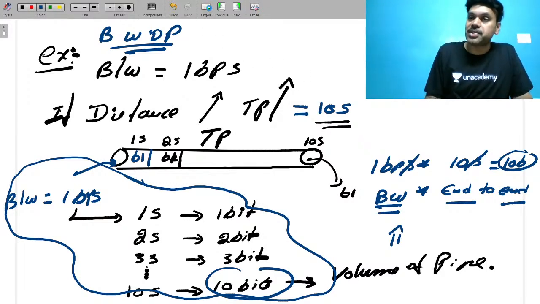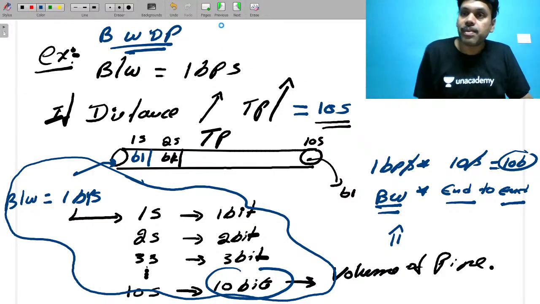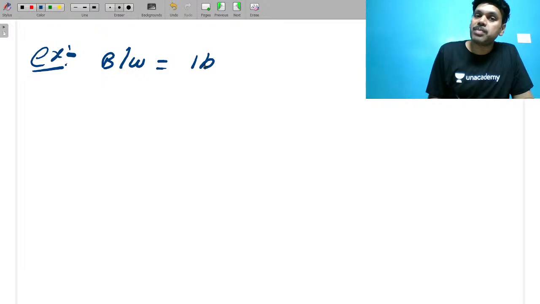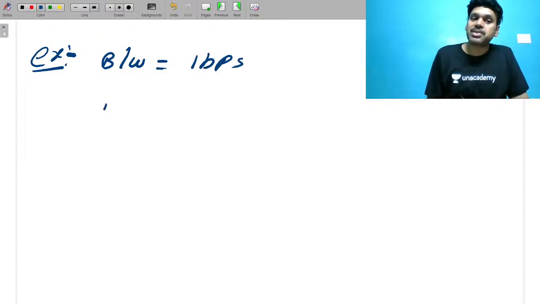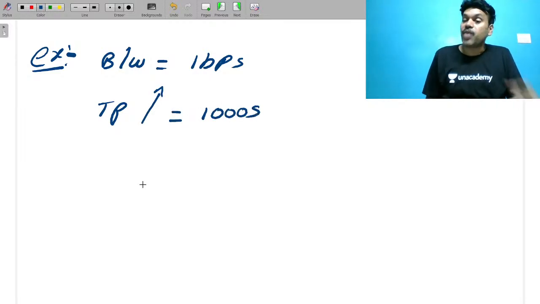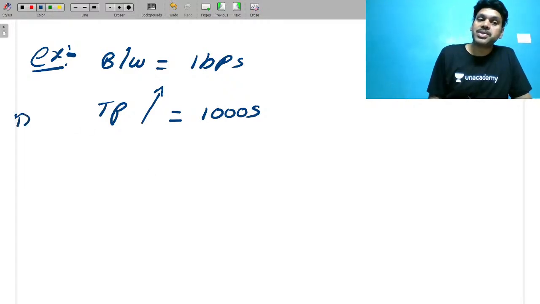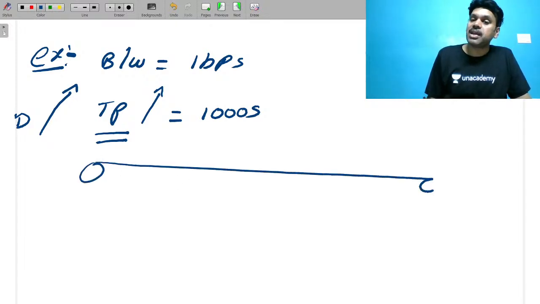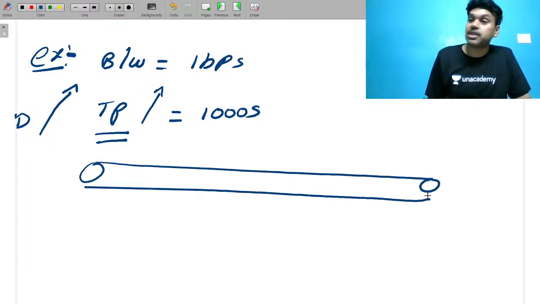Let us increase it. Now, let us say my bandwidth is the same, 1 bit per second only. There is no change. But this time I am taking a much larger distance. That means TP is increased to 1000 seconds. Why is TP increased? You know, distance is increased. When distance is increased, the propagation time is increased, then your medium is enlarged with the bits, not physically.